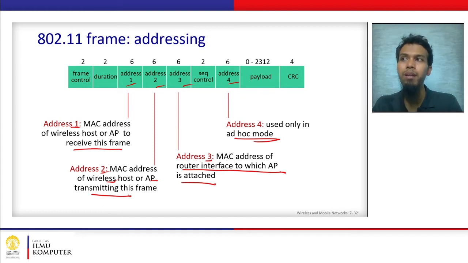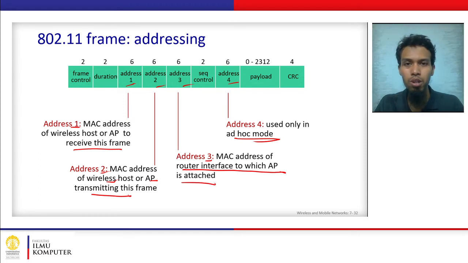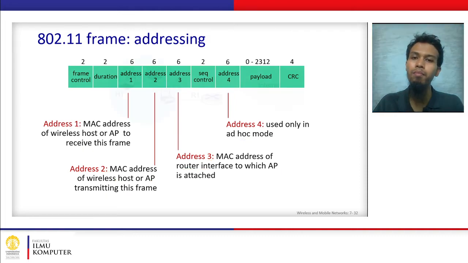But if the access point is attached to the router itself, then this is the MAC address of the router interface which is connected to the wireless network.